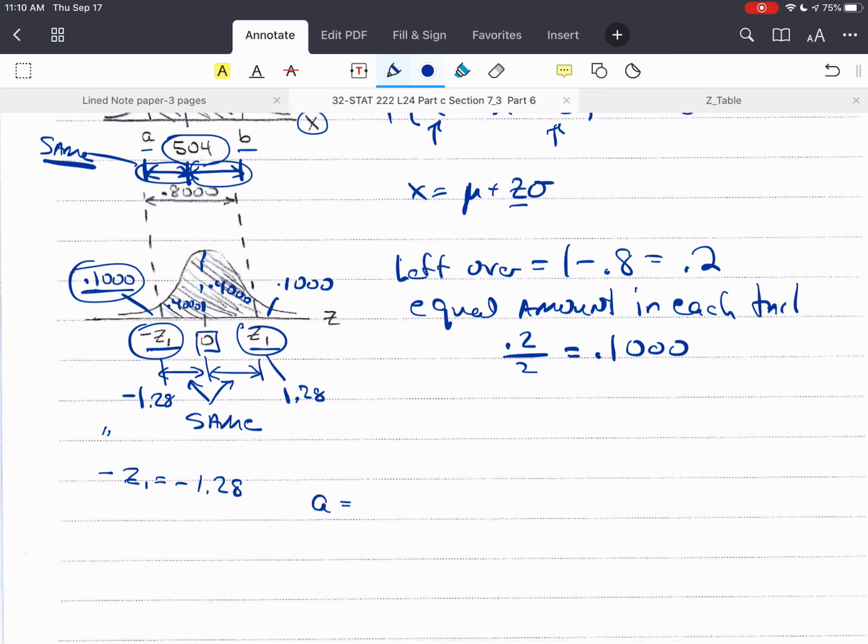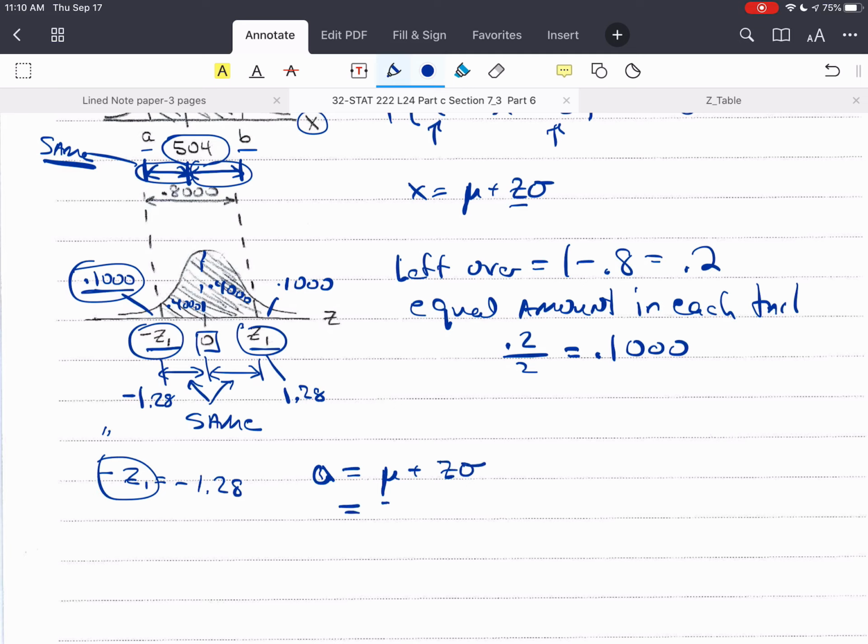So A is equal to mu minus z1 sigma. Why did I change this to a minus? Because I'm going to use negative z1. So let me be a little more specific here. I have A is equal to mu plus z sigma. I'm going to plug in for these.